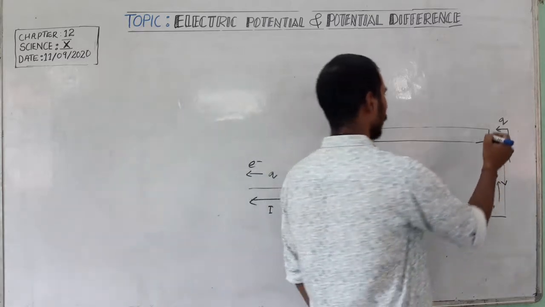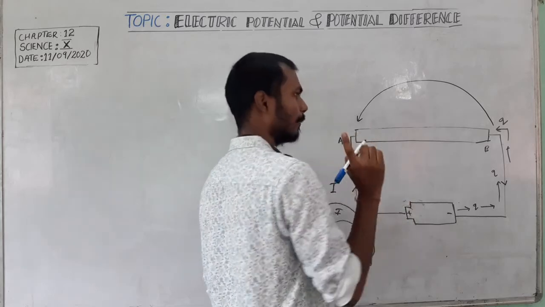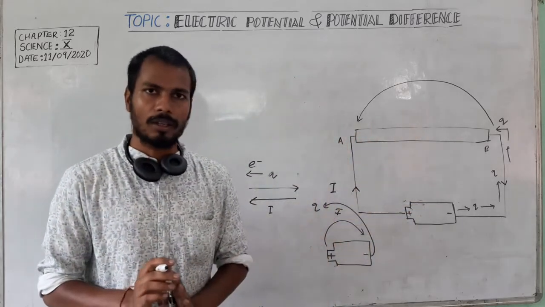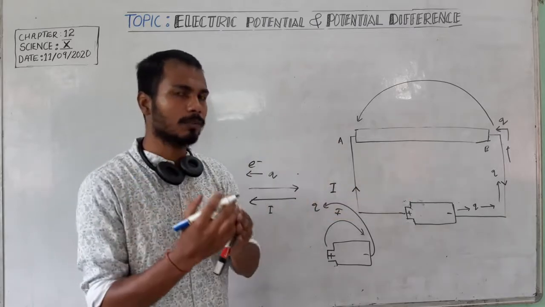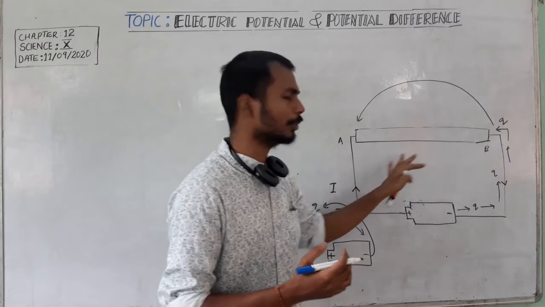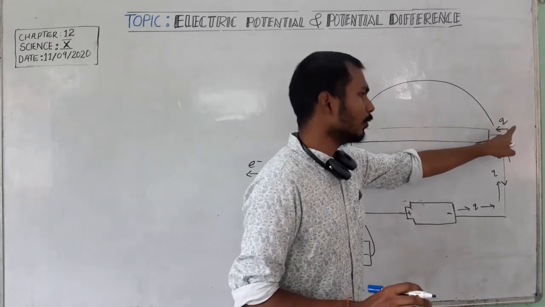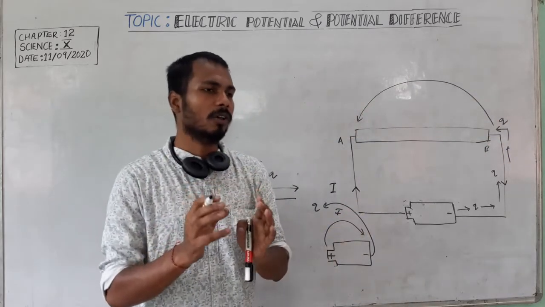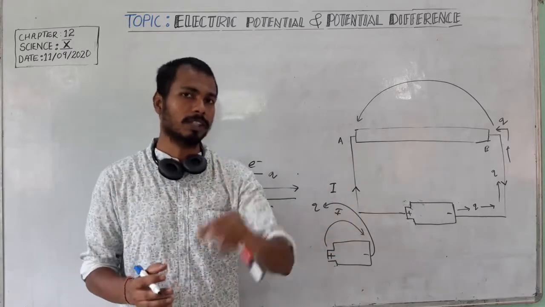Say for example, the charge moves from this point to this point. Now, if the charge moves, there was a force which made the charge change its position. If force is acting on the charge to change its position, then there must be work done by the force.